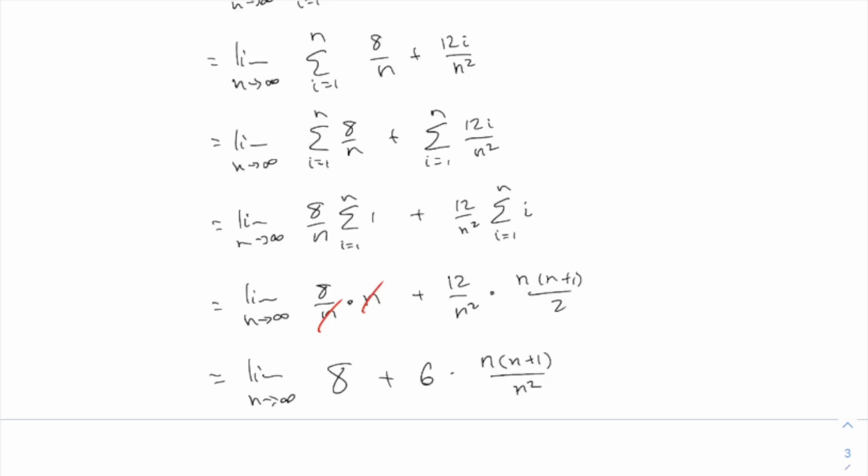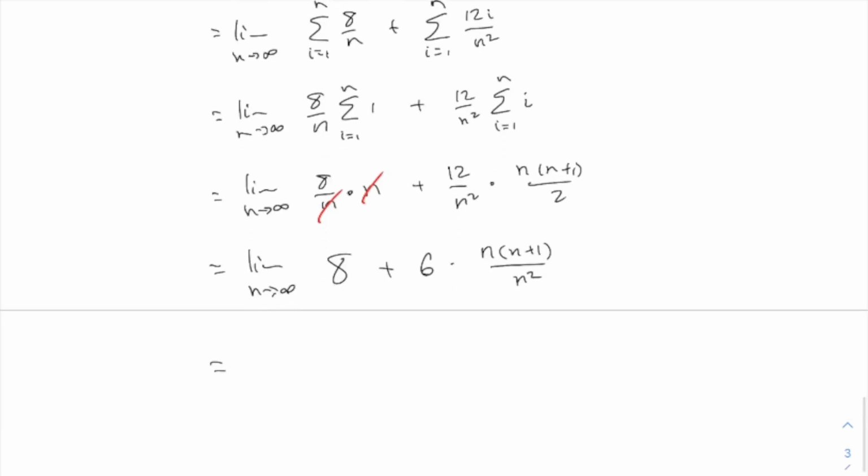That's because the top and the bottom are both degree 2, and their coefficients on the front term is 1 each time. So I think my final answer is, oops, I don't have to write the lim anymore, since I'm doing the lim in this step. 8 plus 6, 14. Anybody get 14? That's what I got. I hope you got 14 eventually.